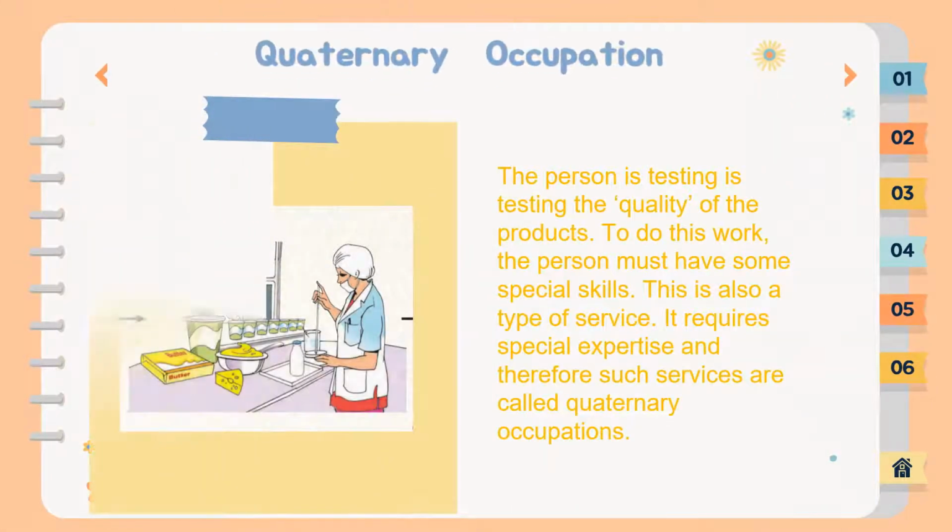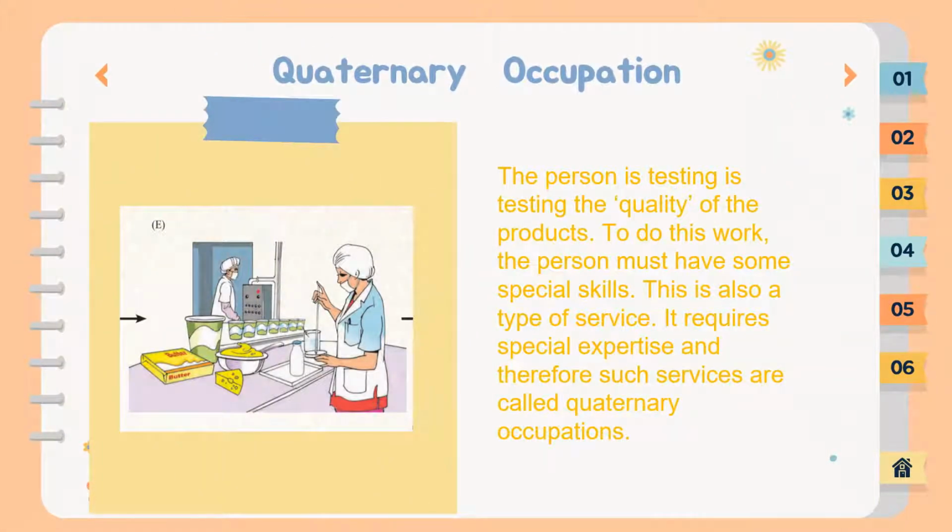The last type of occupation we are going to talk about is quaternary occupation. As you can see in picture E, you can see a person testing the milk products. This person is testing the quality of the products.